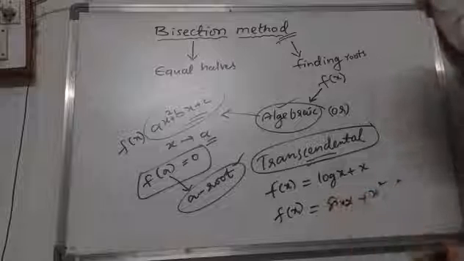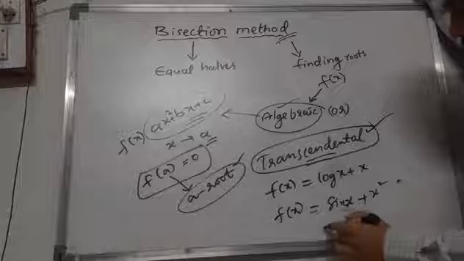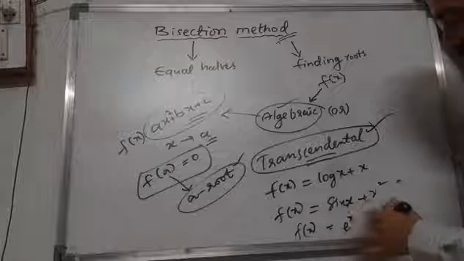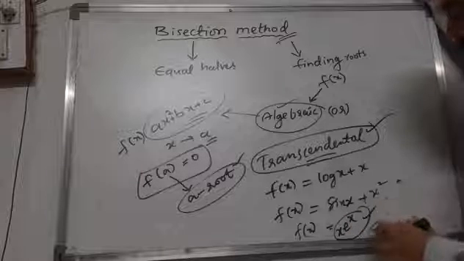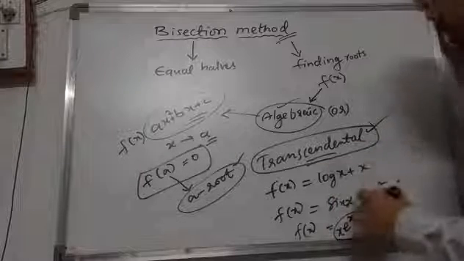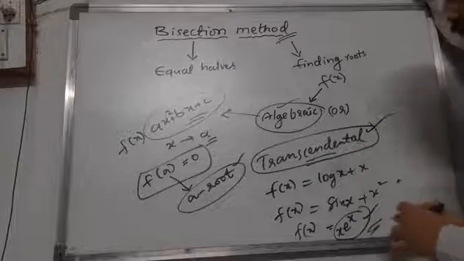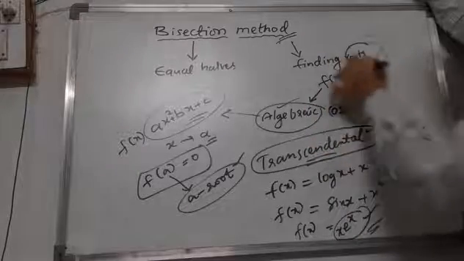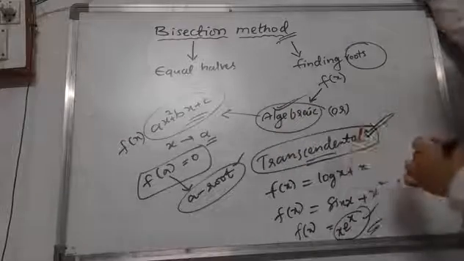This is also a form of transcendental equation. Or f of x is equal to e power x, or x into e power x. Any such irregular curves, those equations we can call transcendental equations.